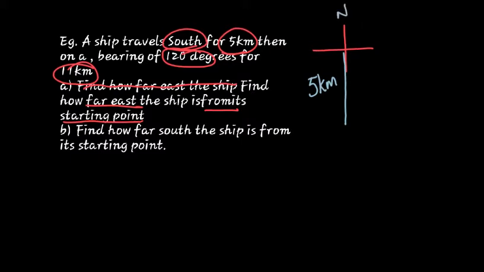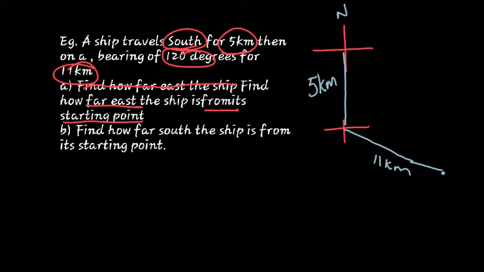So we start our compass bearing down here again and go 120, so that's 90. 120 will be about here, and it's doing that for 11 kilometres. Okay, so the ship is down here now, and it says how far east is it from its starting point.